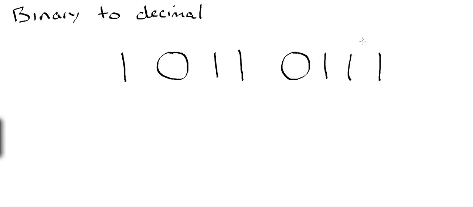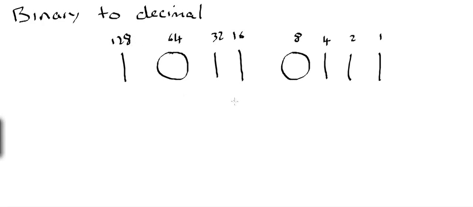Okay, so if you were asked to convert this number from binary to decimal, you can do this on the exam paper. It's probably a good idea, just to stop you making some silly mistakes, to write the base 2 above. So 1, 2, 4, 8, times that by 2 is 16, 32, 64, and then 128.